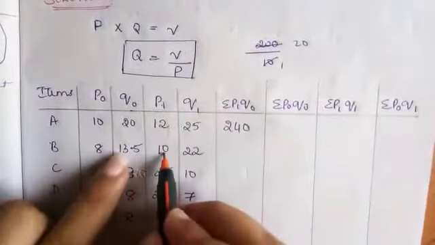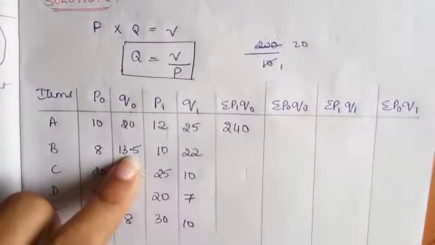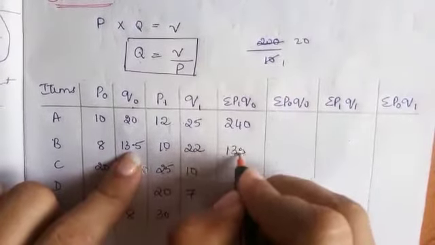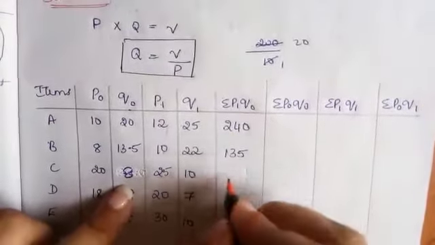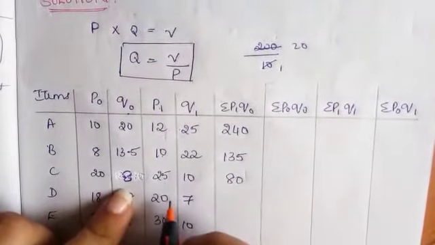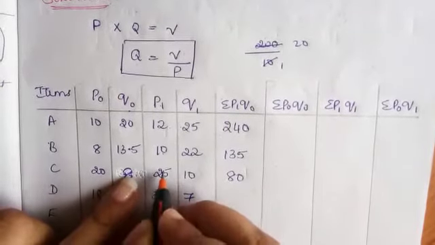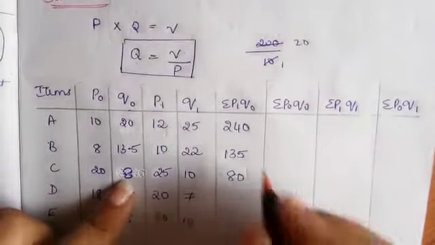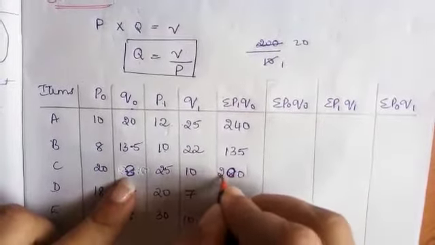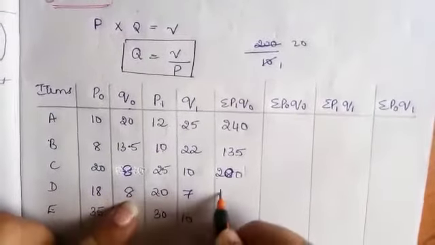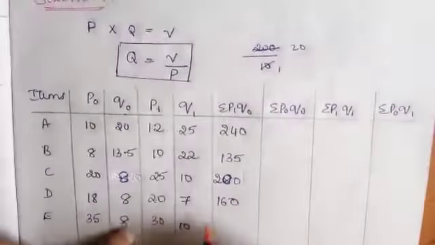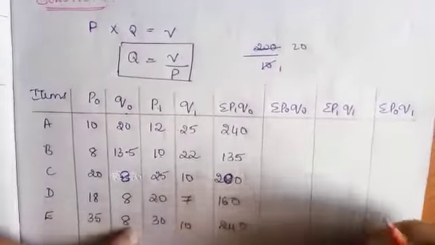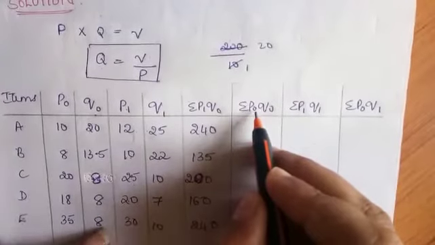Next, 10 into 13.5 is 135. Next, 25 into 8 is 200. Next, 20 into 8 is 160, and 8 into 30 is 240.